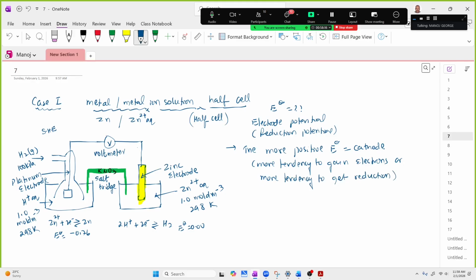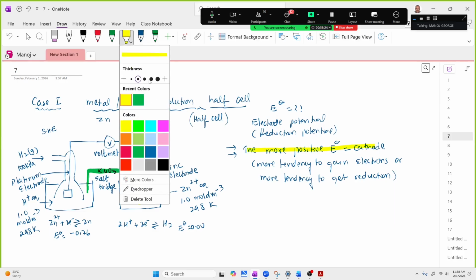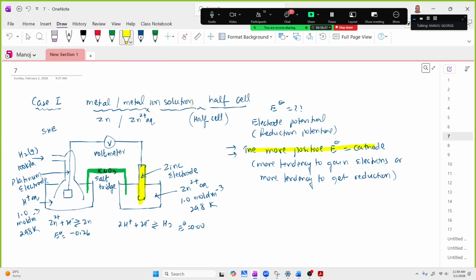First of all, tell me yes or no. You understand this point which I mentioned here? This is one of the very key points that you can use throughout this lesson. This is how you figure out who's going to be your cathode and who's going to be your anode. Just remember, the one which is showing more positive E° means it wants the electrons.